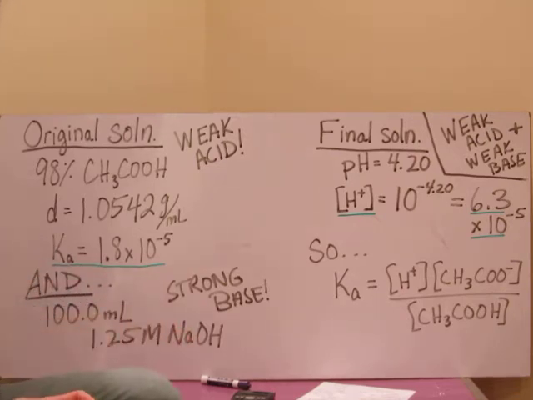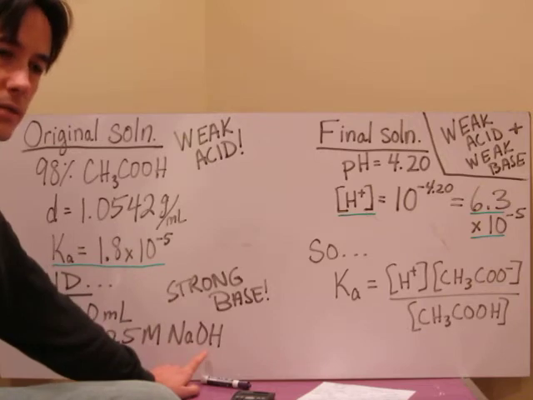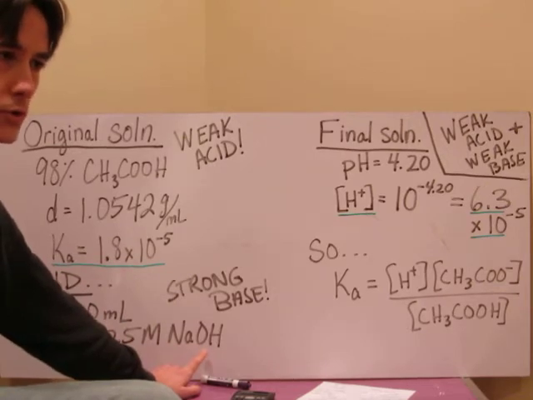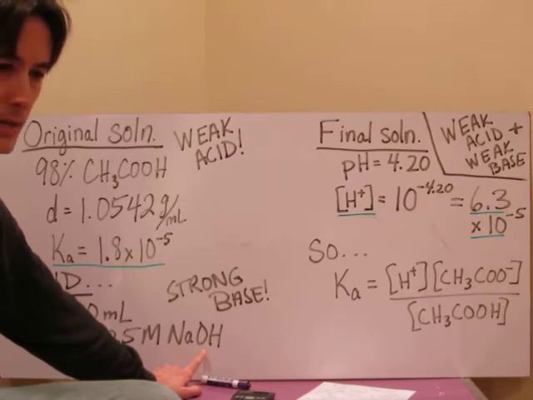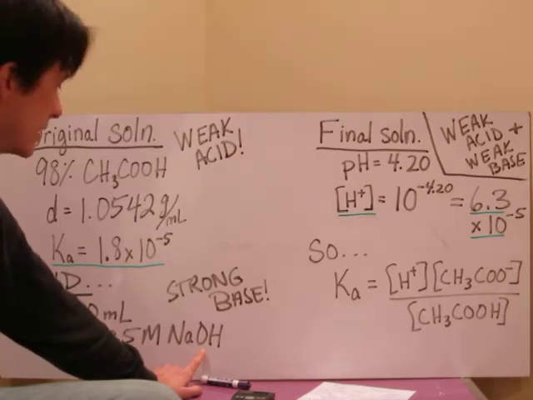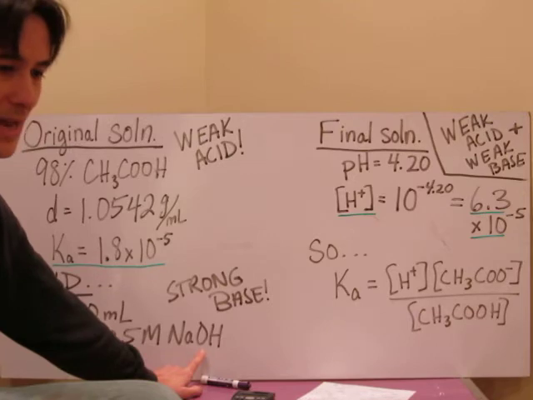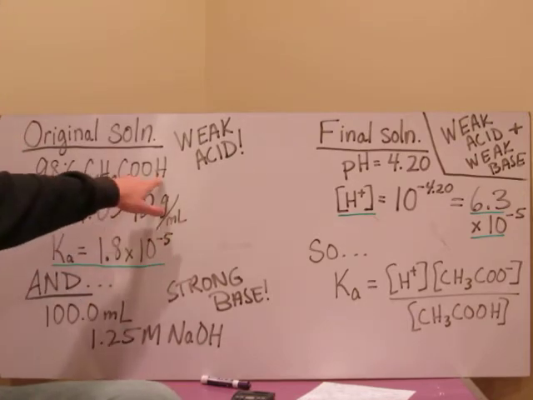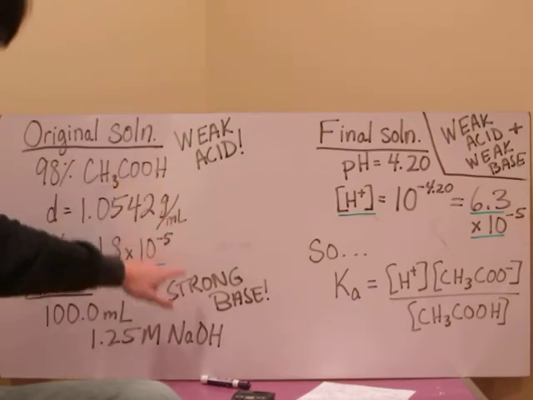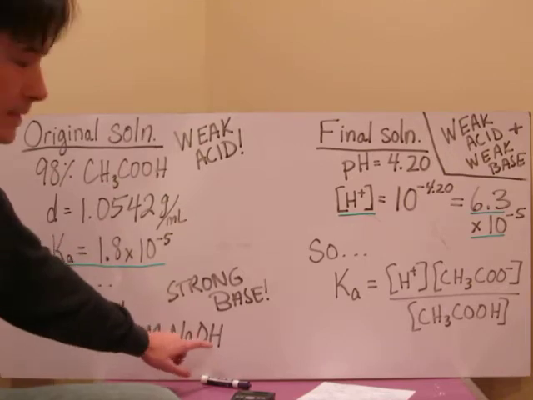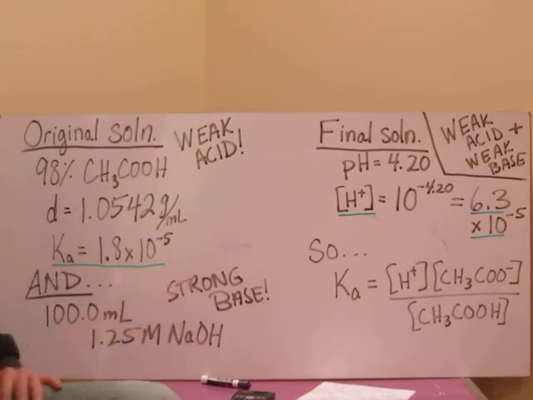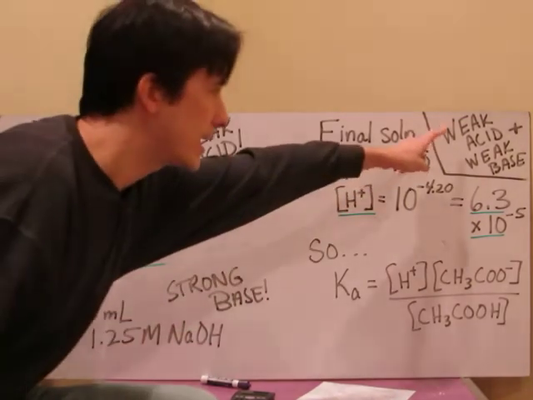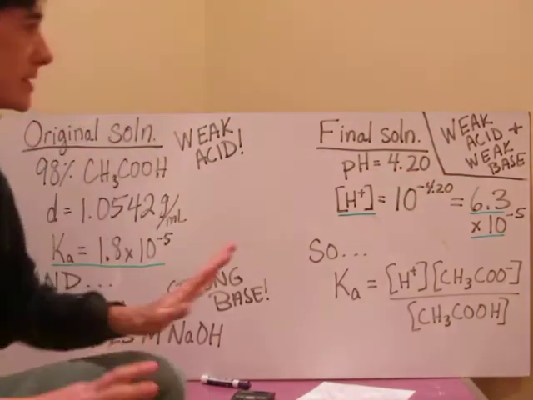If we're going to be making a buffer, one thing to point out is that the hydroxide that was there will no longer be there after we get done. The hydroxide is going to react with these protons, right? And so that's going to be consumed. In our final solution, we're going to have a weak acid and a weak base, and that's it.